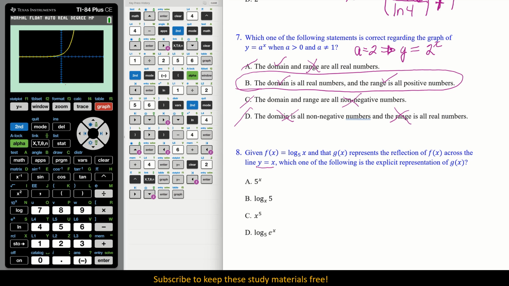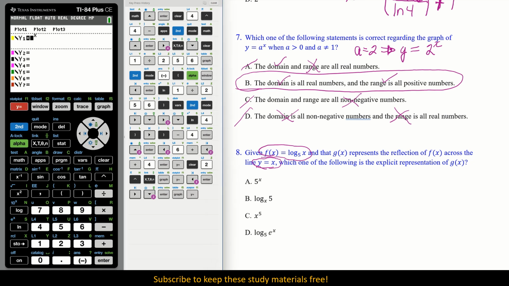Okay, here is a rule that I haven't introduced and you may or may not know. y equals x is your identity line, okay? So let's put f of x into the calculator and let's put in our identity. And then I will discuss the rule with you.